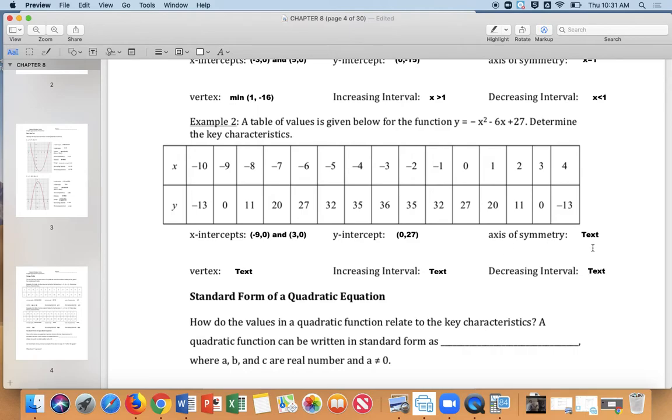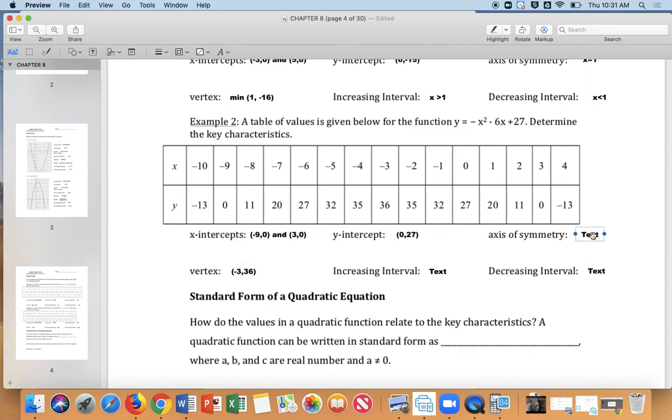Now we have the axis of symmetry. Well, first we need to find my vertex, where it's going to change from either positive to negative or negative to positive. Going up, up, up, up, up, up, down. So it's going to be right here at negative 3, 36.